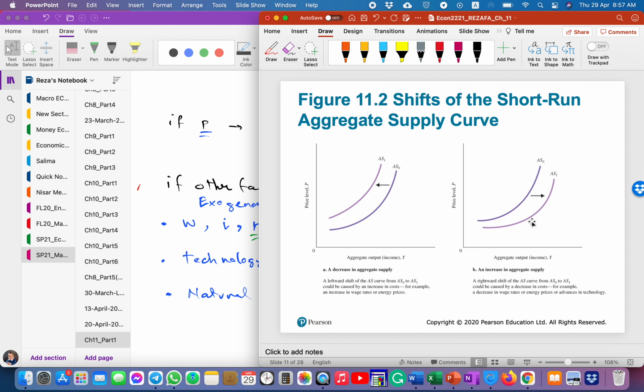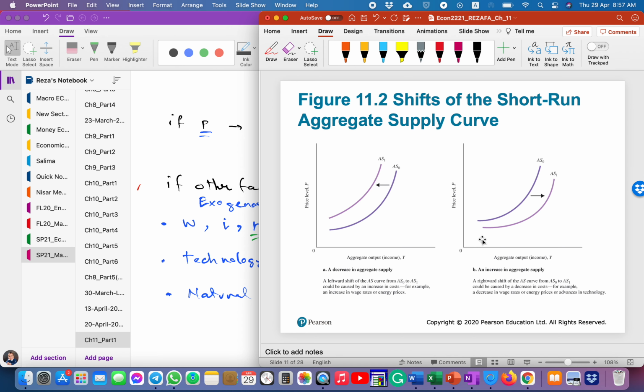If the wages become cheaper, it shifts to the right. That explains a lot. And the long-run aggregate supply is what the equilibrium output would be after these shifts are settled, and we are describing the long-run aggregate supply towards the end of this chapter.